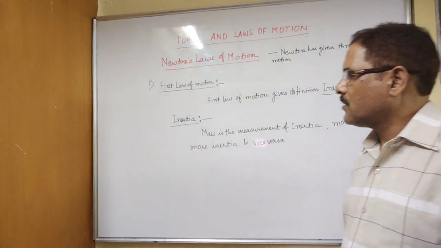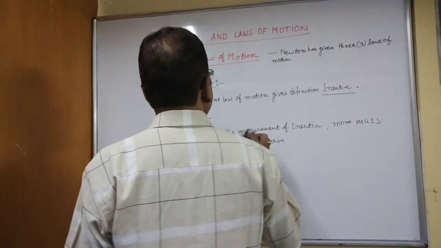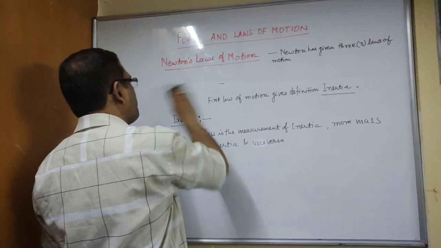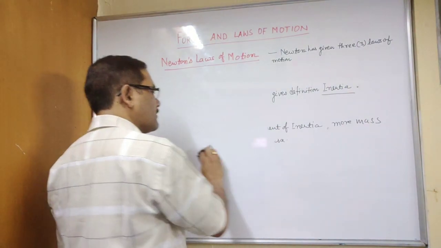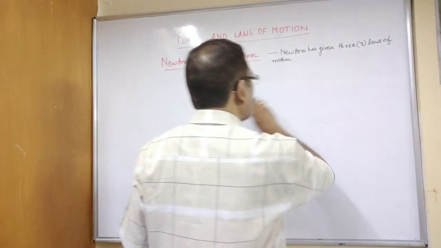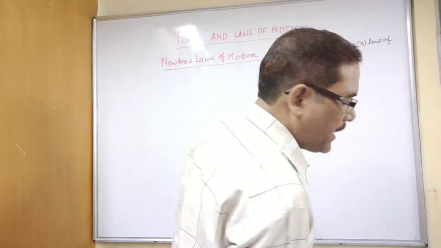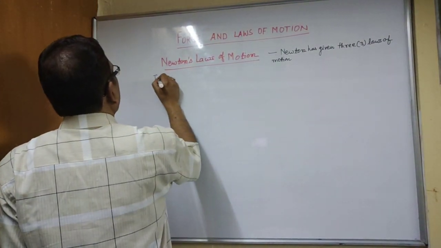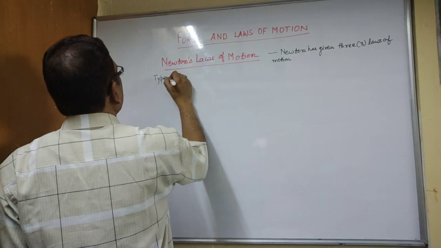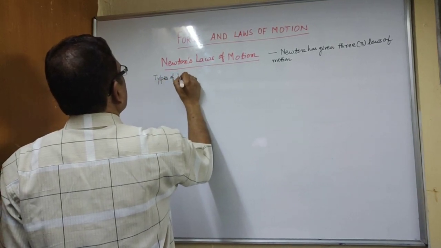Now we have to read about types of inertia. So there are three types of inertia.